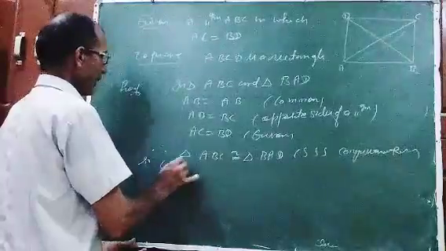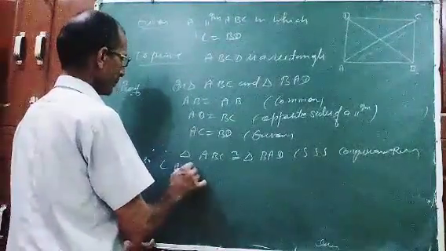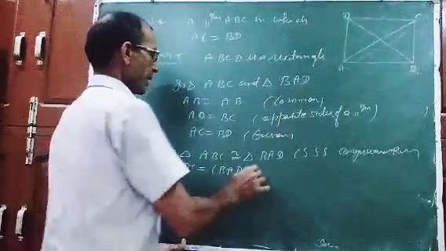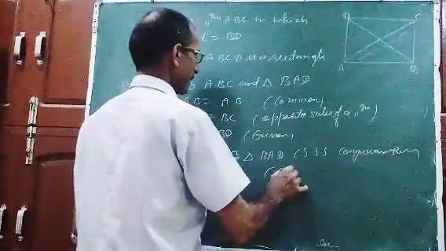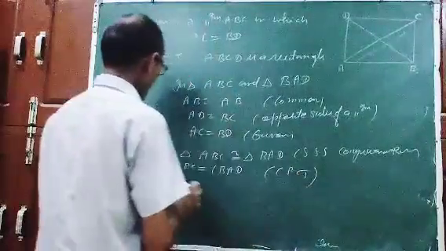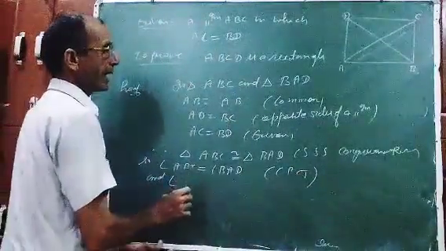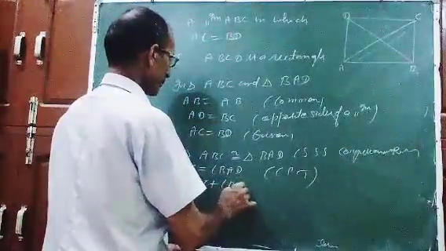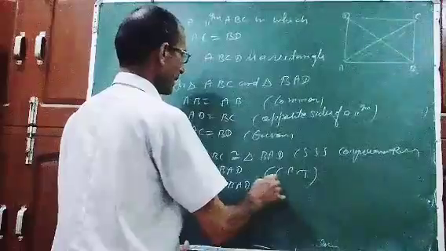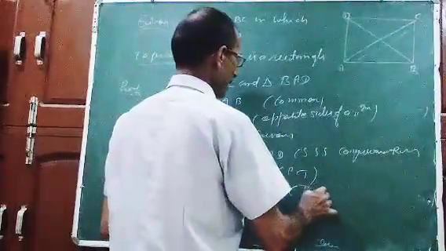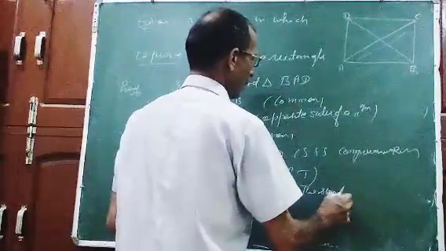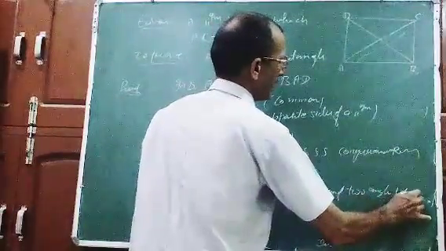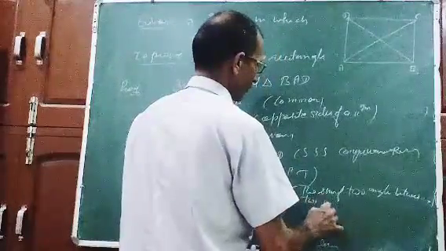So angle ABC is equal to angle BAD, CPCT. And angle ABC plus angle BAD is equal to 180 degrees, the sum of two angles between two parallel lines.